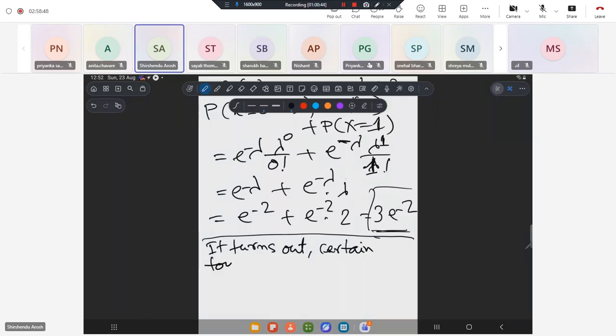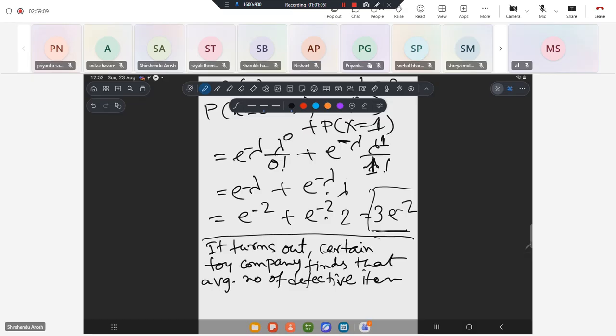A certain toy company produces toys, and the average number of defective items is 10% on an average.